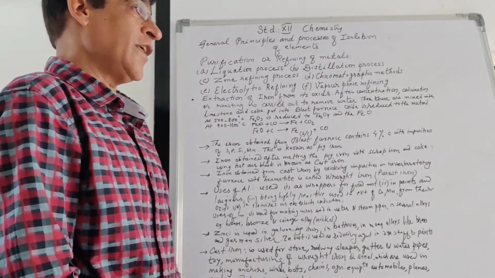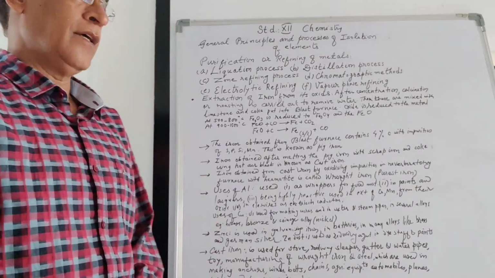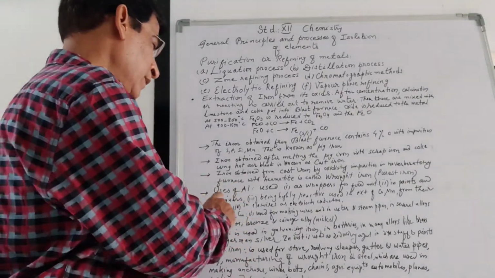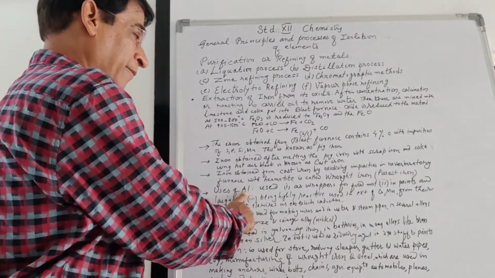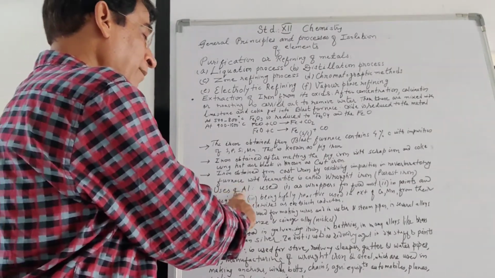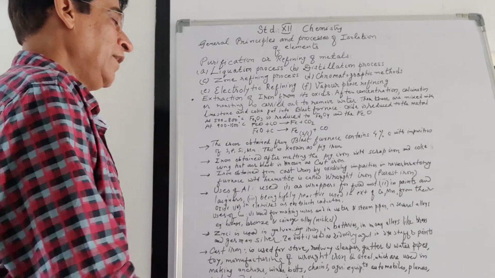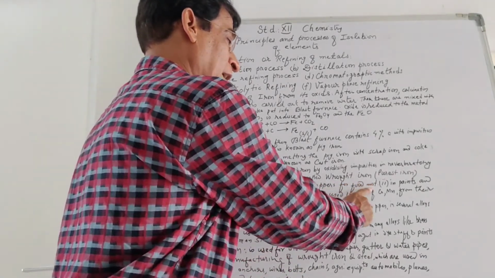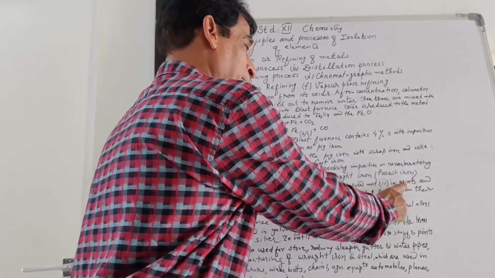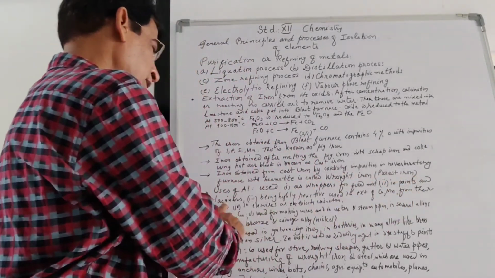Now, uses of some metals like aluminum. So, uses of aluminum are: aluminum is used as wrapper for food material. Second, in paints and lacquers.